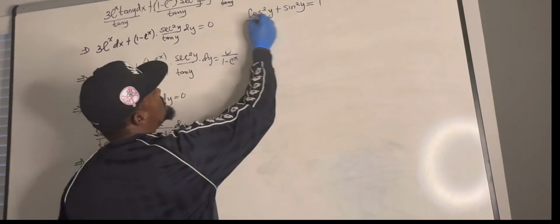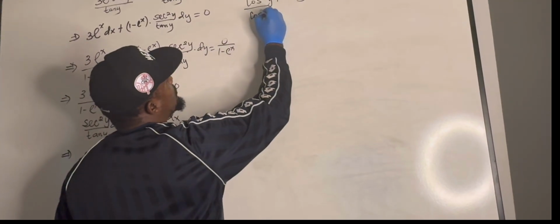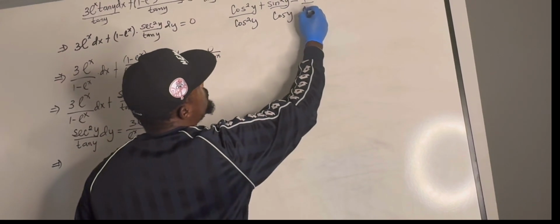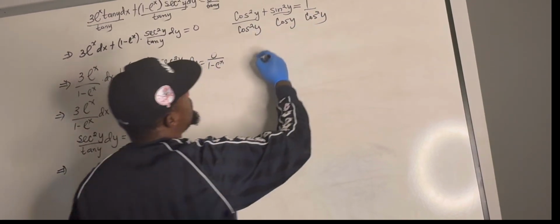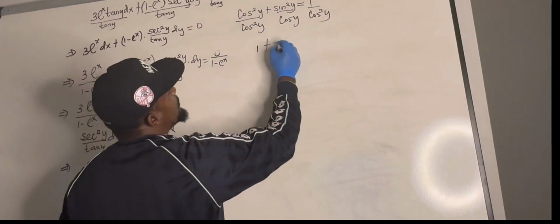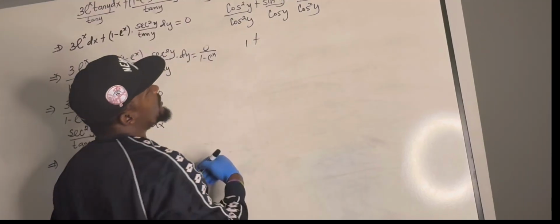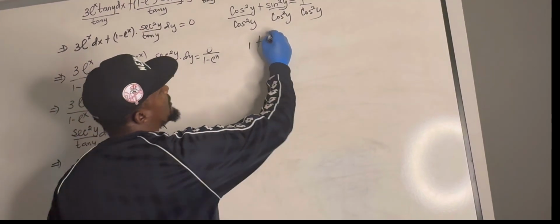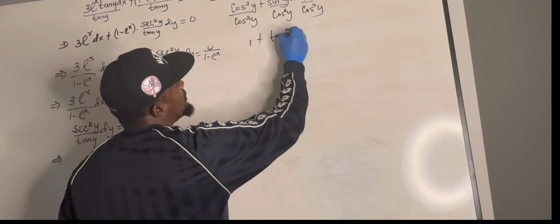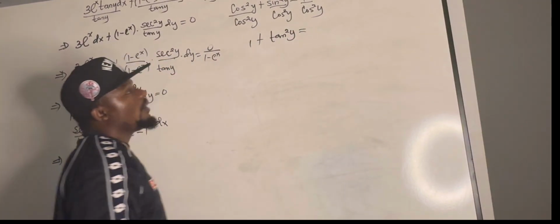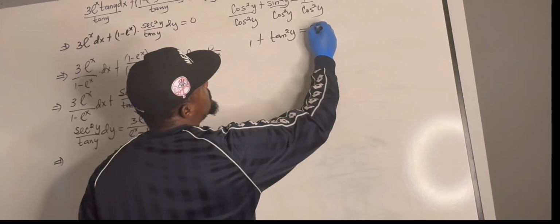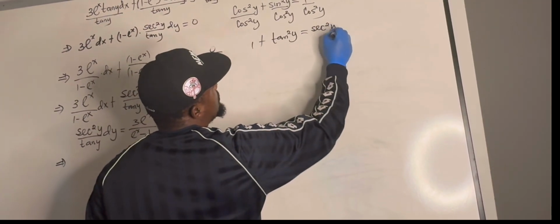If I divide each term by cos squared y, and here cos squared y, this will cancel. I'll have 1 plus sine squared y divided by cos squared y should give me tan squared y. And 1 over cos squared y is what? It is sec squared y.